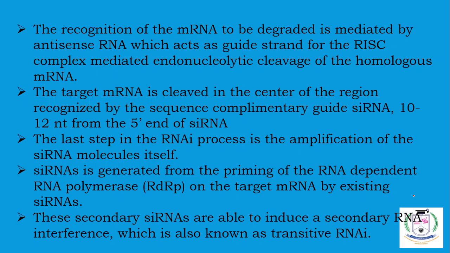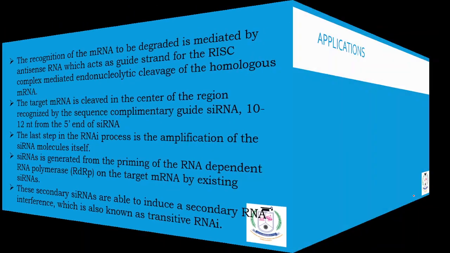This RISC complex then undergoes a conformational change upon binding of the siRNA, and is now guided to the mRNA which has to be degraded. The sequence complementarity of the siRNA and the target mRNA is a key factor over here. Upon binding, there is endonucleolytic cleavage of this target mRNA. You can also have the secondary amplification of this siRNA molecule itself. So these are the key features of RNA interference in short.